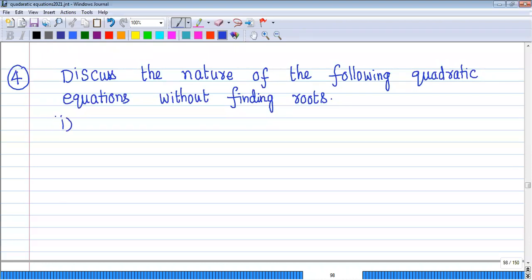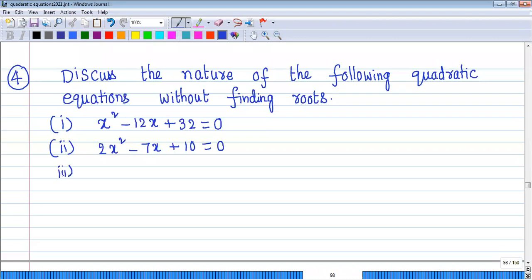First question, note down. x square minus 12x plus 32 equals to 0. Second question, 2x square minus 7x plus 10 equals to 0.